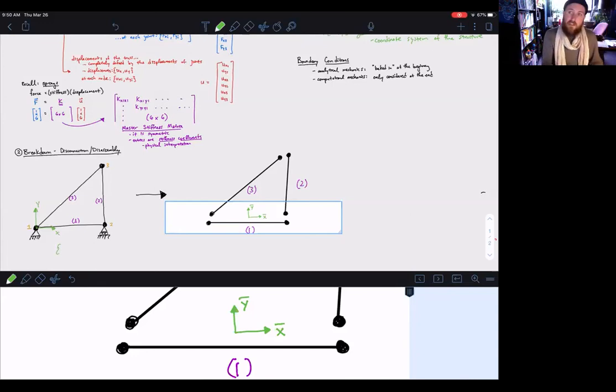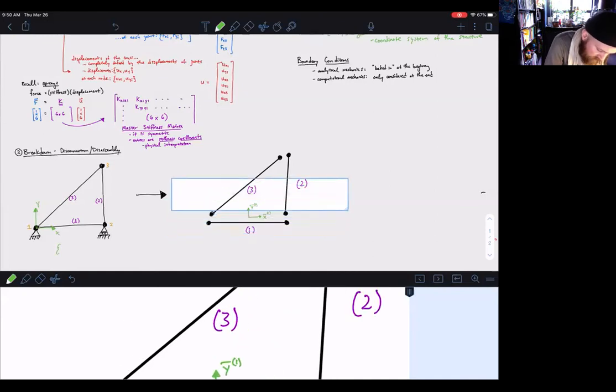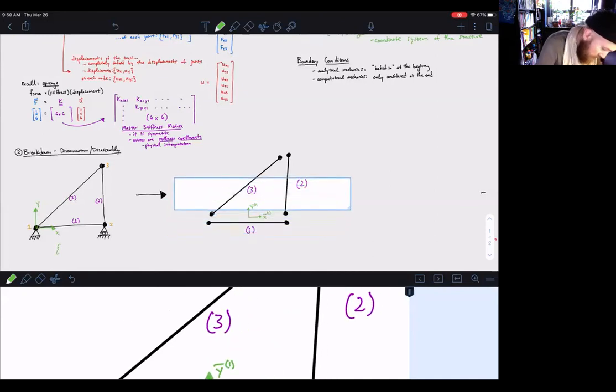In addition to labeling these coordinates with a bar, we're also going to label them in terms of what member they are referring to. So this is x bar 1, y bar 1. Let's go up here. So here we're going to have x bar 2, y bar 2.